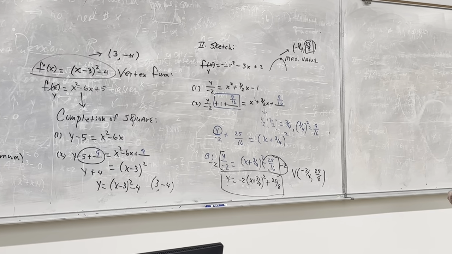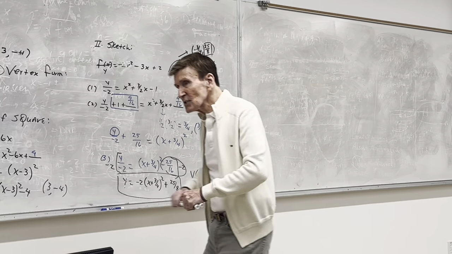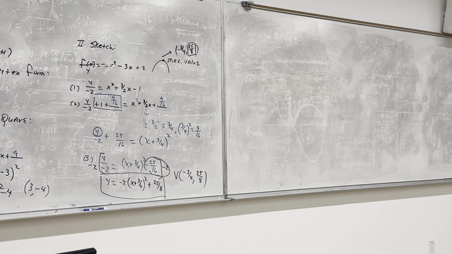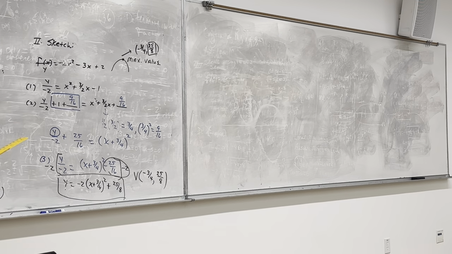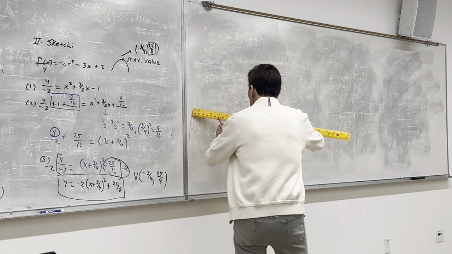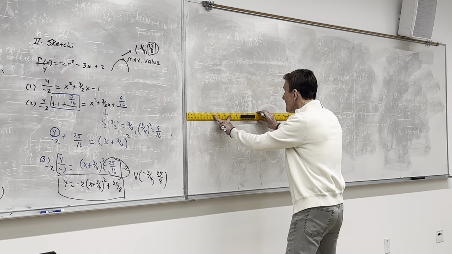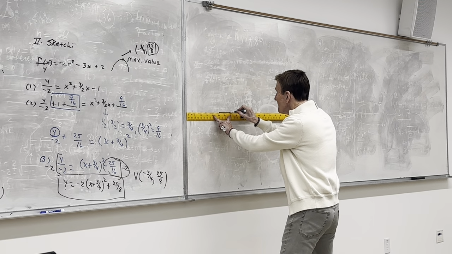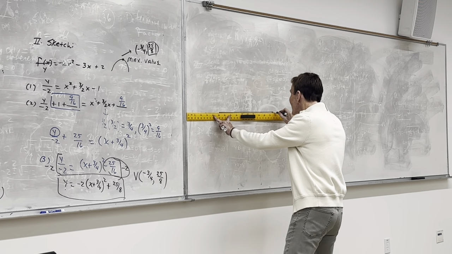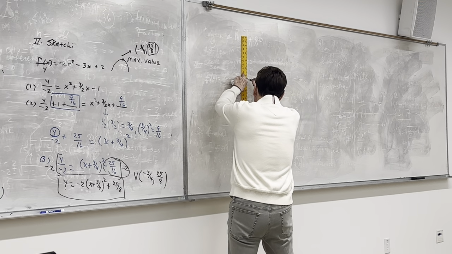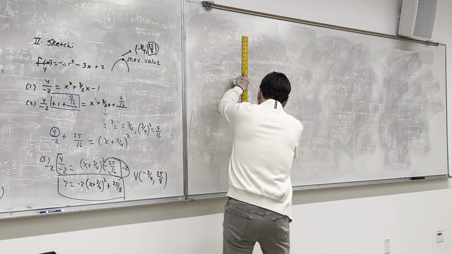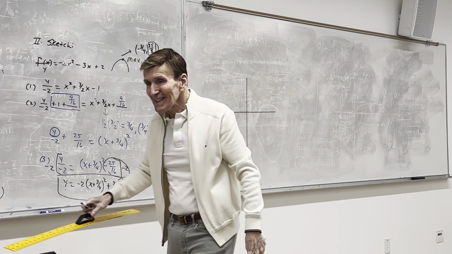But time is beautiful here. Okay, guys, let's sketch this. I'm not going through all the transformations. Not on this one. We'll just go to the graph. Save you a little time here. Here we go.